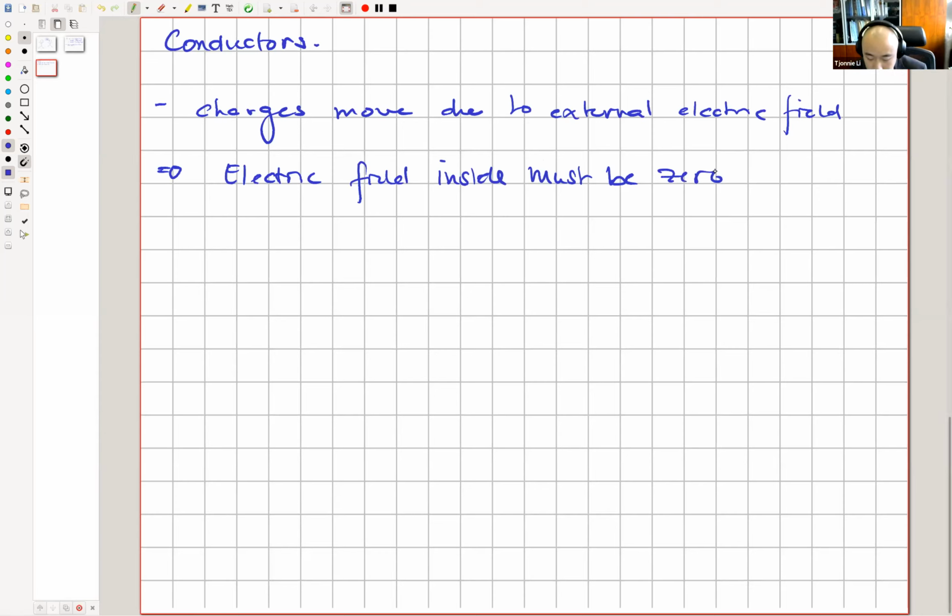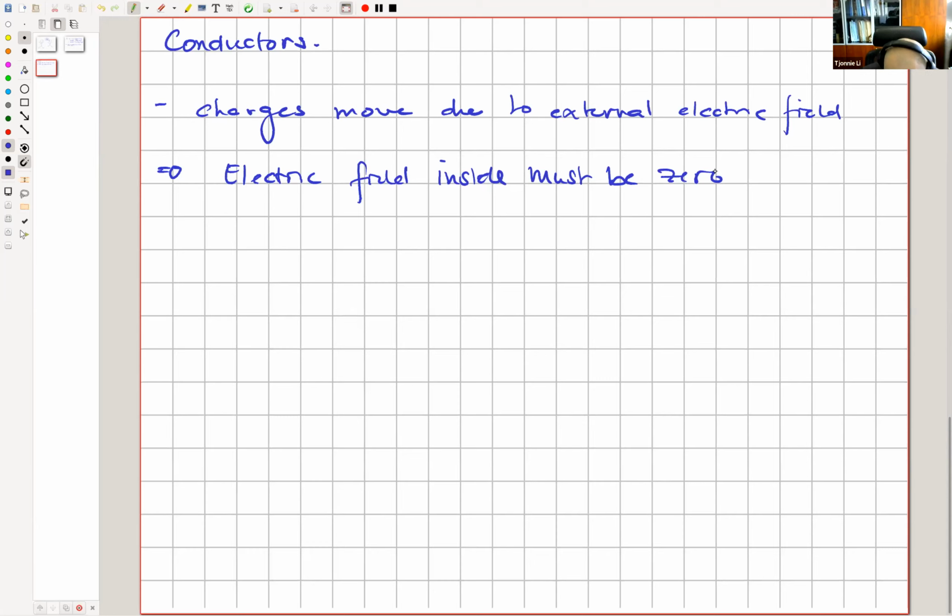Because if there was a non-zero field inside, there'd be a current. If charges can move freely and there's a field, the charges will move, and there's going to be energy dissipated, and there's no way to sustain it. So the charges will rearrange themselves in order to achieve an equilibrium. And typically the equilibrium is when the fields are cancelled.